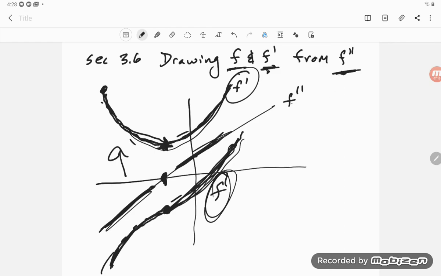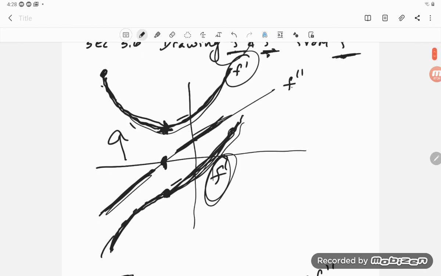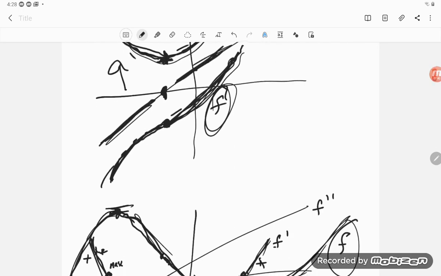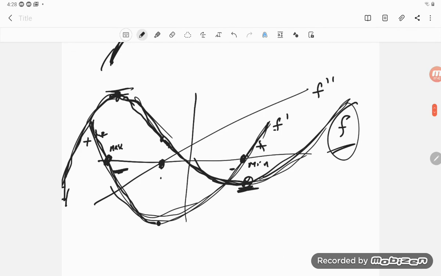So it's the same basic idea, but you wouldn't necessarily expect two people to come up with the same final answer for that last function f, because any changes in positive or negative of f prime will have big changes in f.